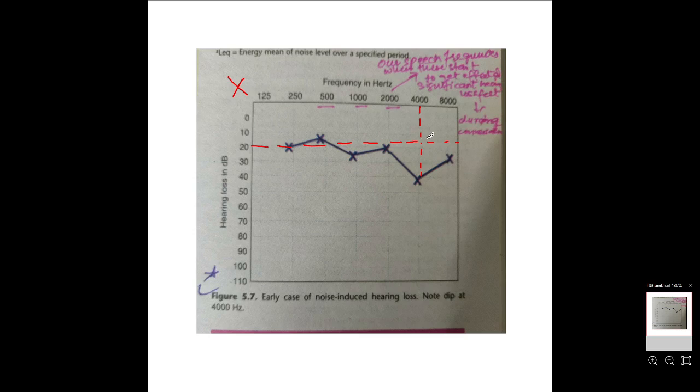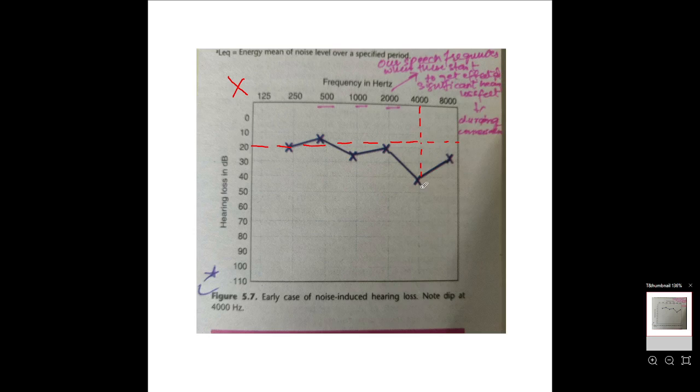This is the audiogram for the left ear, because there's X. Okay, and as you can see, there is a dip. As I have told you before, the bone conductions should be above 20 decibels, and the air conduction should be below 20 decibels.